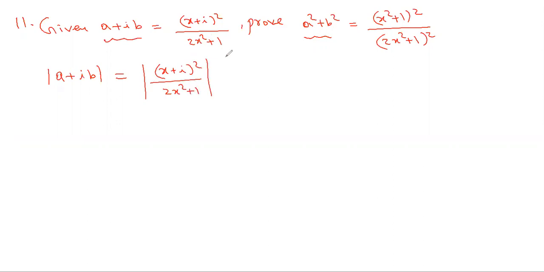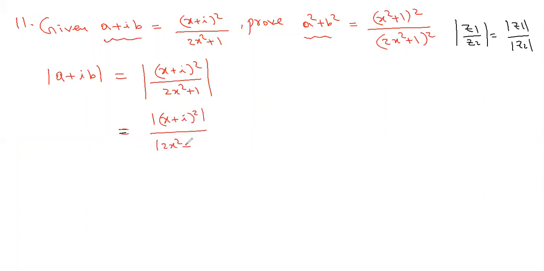Again, the same formula that we used, mod z1 by z2 equals mod z1 by mod z2. If you use that formula, you get the modulus of (x plus i) the whole square by the modulus of 2x square plus 1.